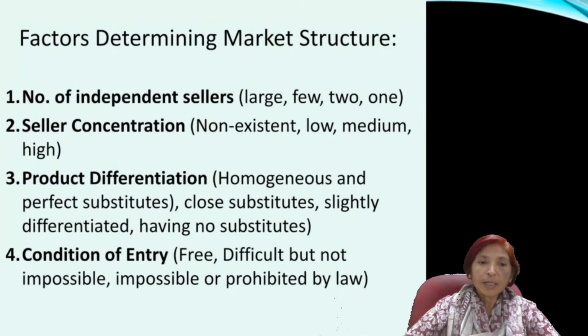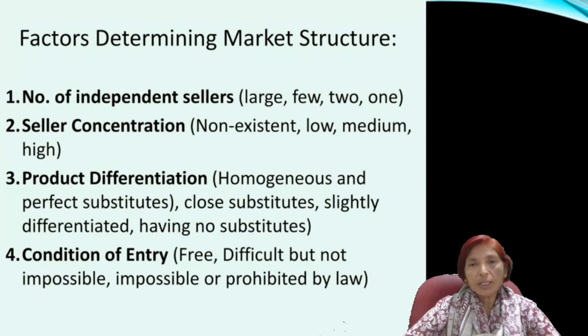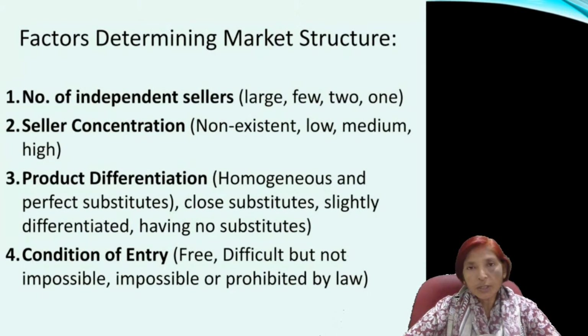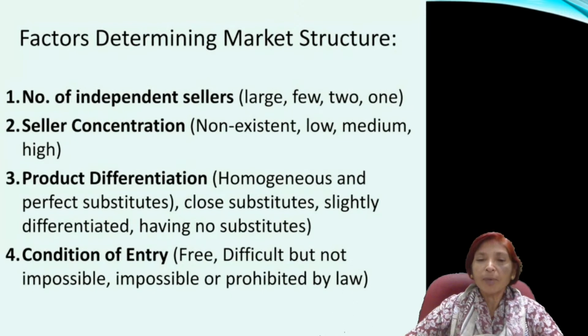Now next is product differentiation. Product differentiation may exist in some forms of market, and it may not. It includes homogeneous and perfect substitutes, close substitutes, slightly differentiated, and no substitutes, which exist in different forms of market.